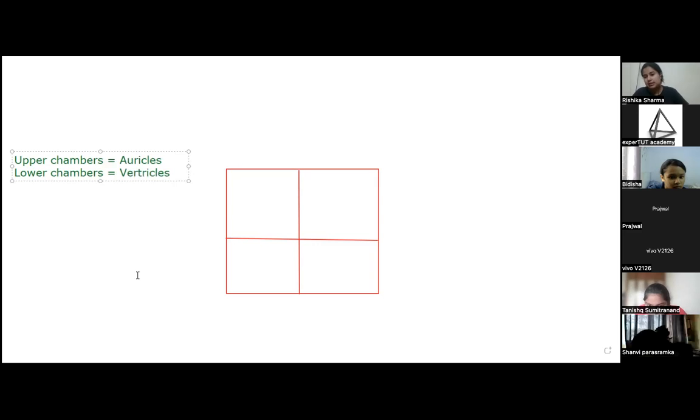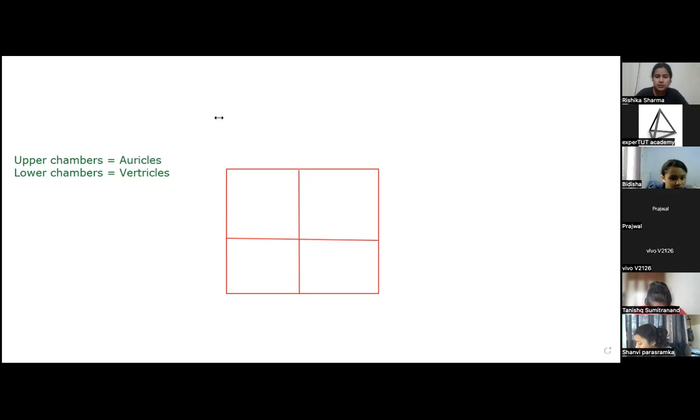While I'm explaining this concept diagram, if you find any problem, just stop me there and ask. Okay. Upper 2 chambers auricle, lower 2 chambers ventricle. Now, the one towards the left hand side will be your left auricle. The one towards the right hand side will be your right auricle.